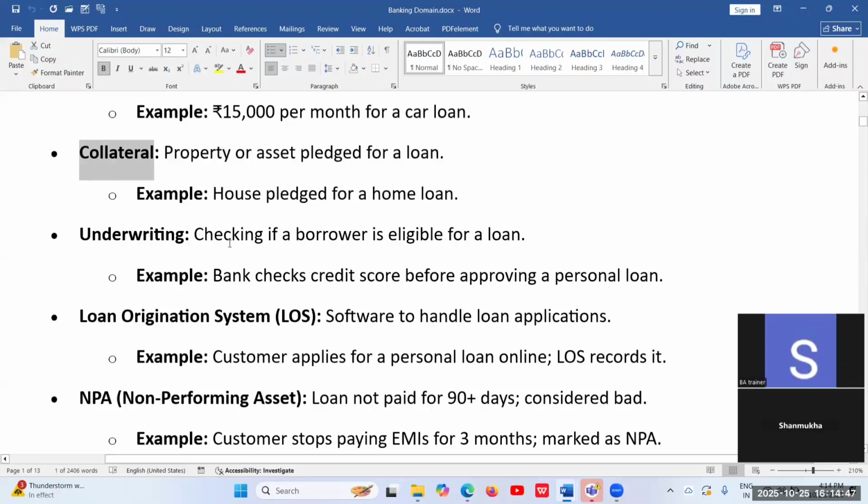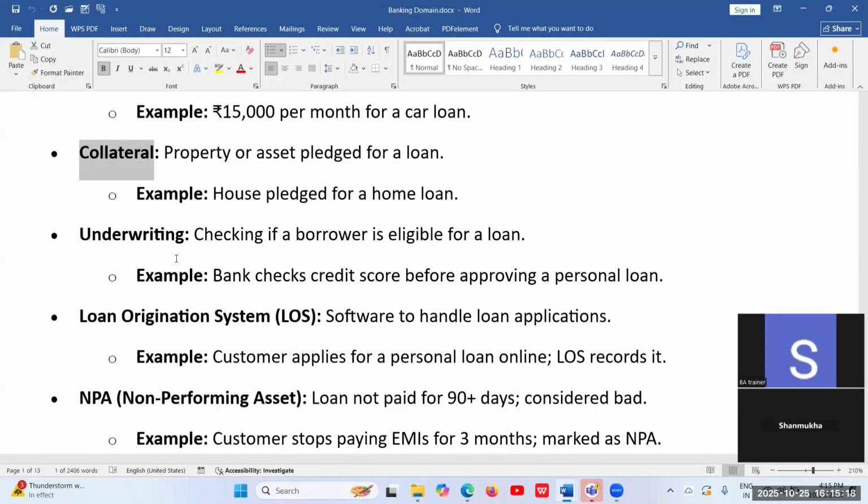And then we have underwriting. Underwriting means checking if a borrower is eligible for a loan. For example, while taking a loan, there is a set of eligibility criteria from the bank. In our case, if someone wants to take a credit card, their salary pay slips need to be submitted, and their salary should be above 20,000 or something like that. There will be rules and regulations, right?